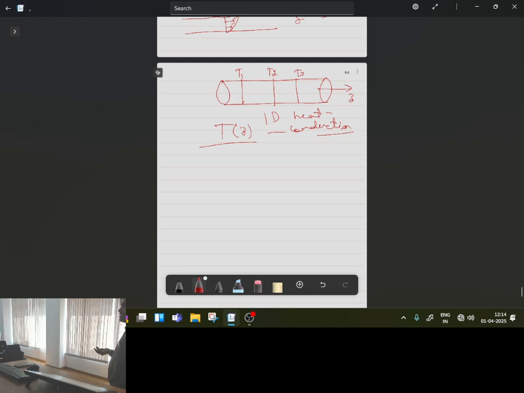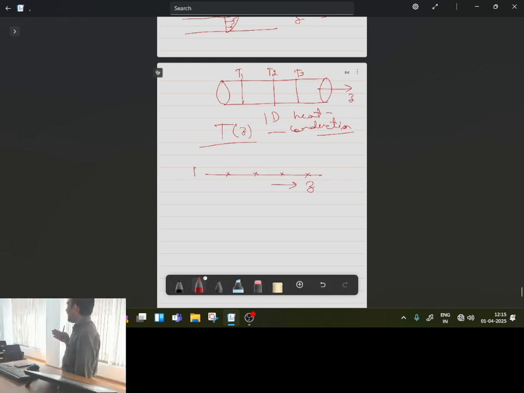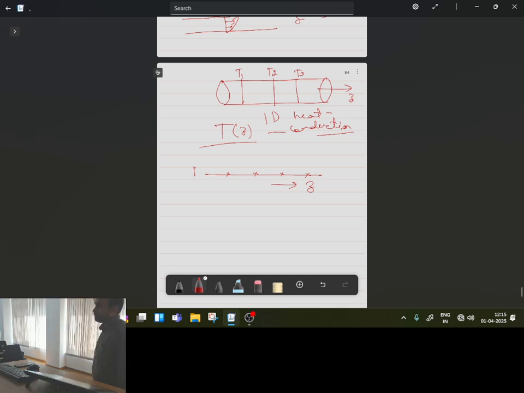Okay, so in these scenarios, whenever I will be defining my elements, I can define actually the line element where variation is only taking place along which direction? Z direction. And in the r direction, I need not define any node point because in all the radial locations value is actually uniform.